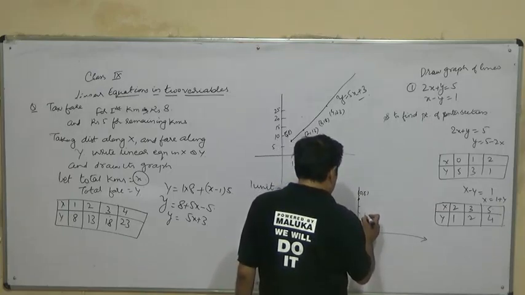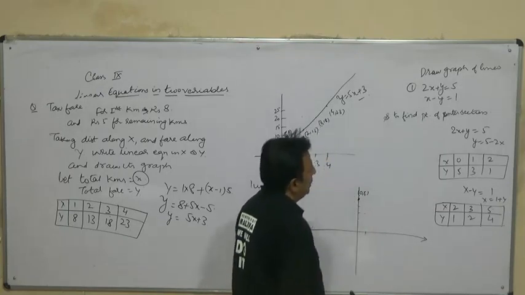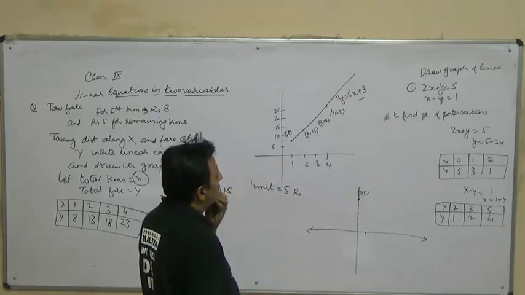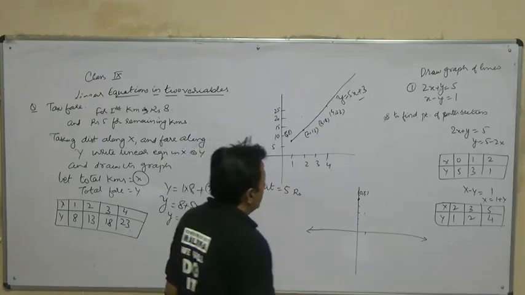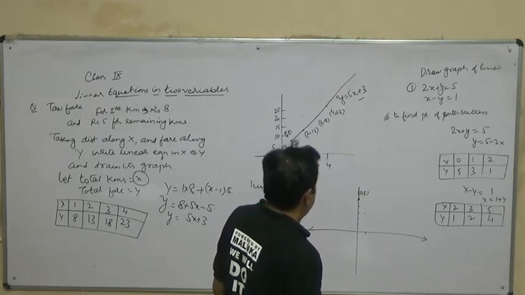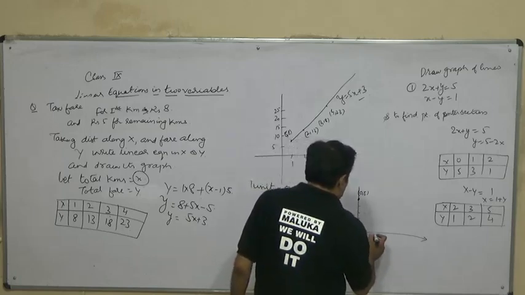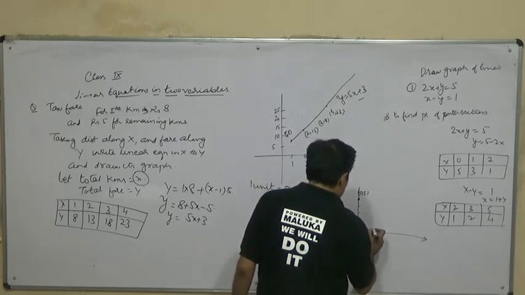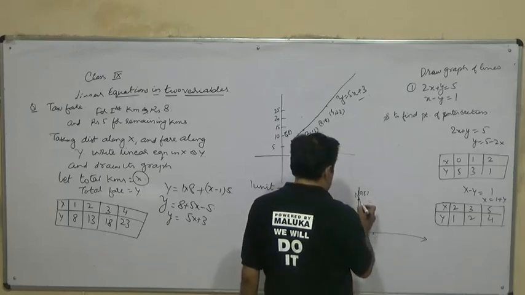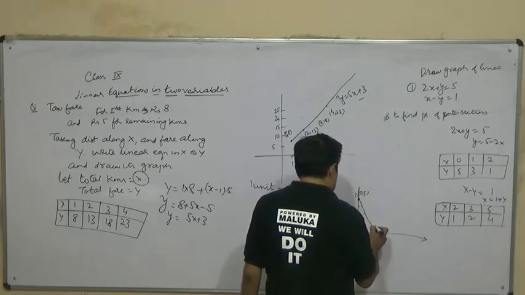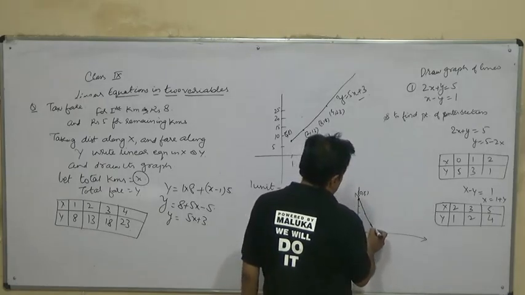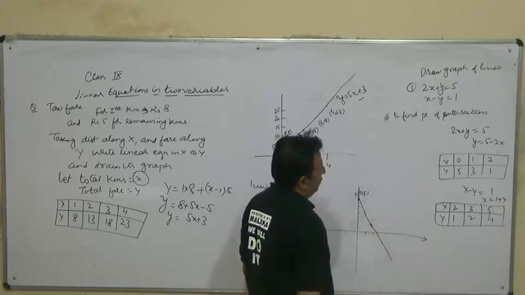So this will be your 1, 3. Then next is 2, 1. This is 2 and this is 1. Now we can join these. So this is the first line.